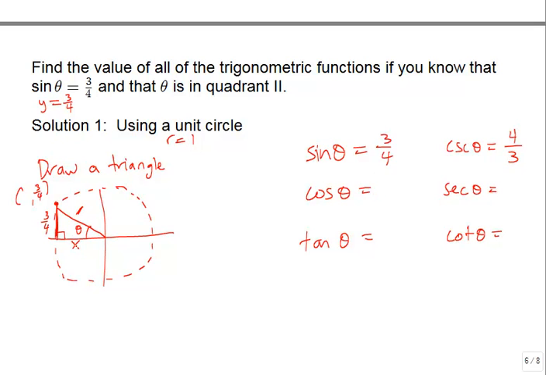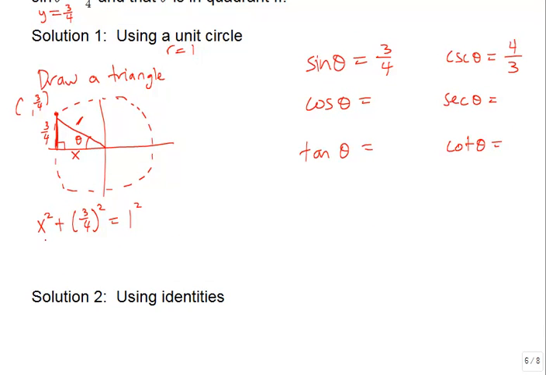Now how do we find x if we know that this is a right triangle? We can just use the Pythagorean theorem. We know that x squared plus 3/4 squared has to equal 1 squared. So let's just do a little bit of solving there. We get x squared plus 9/16 equals 1.